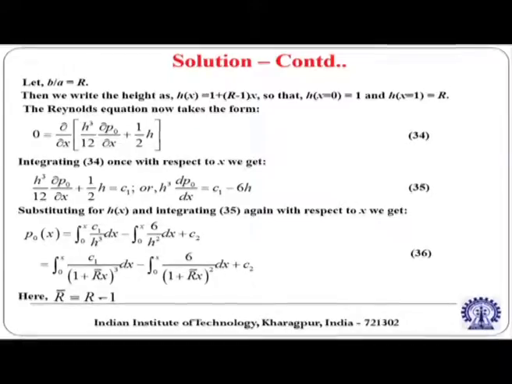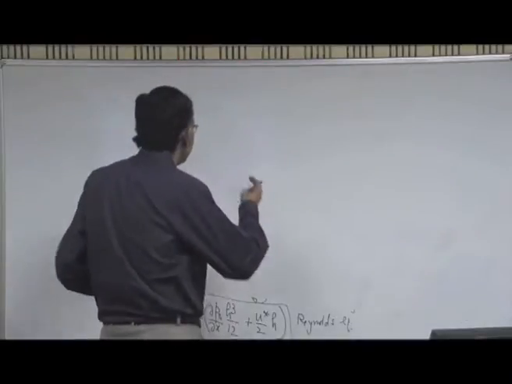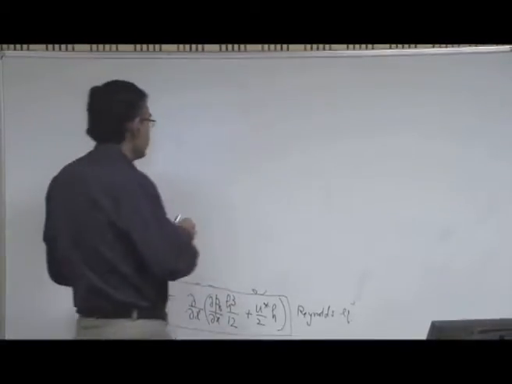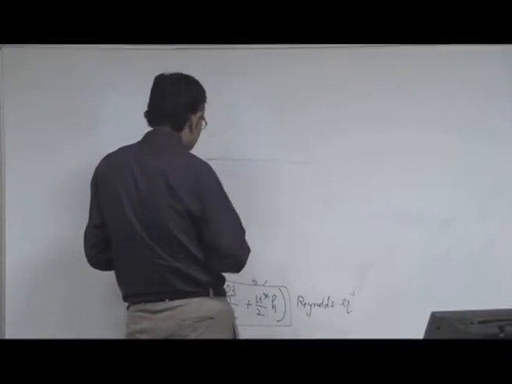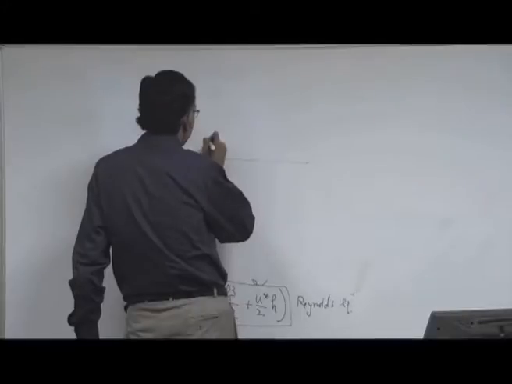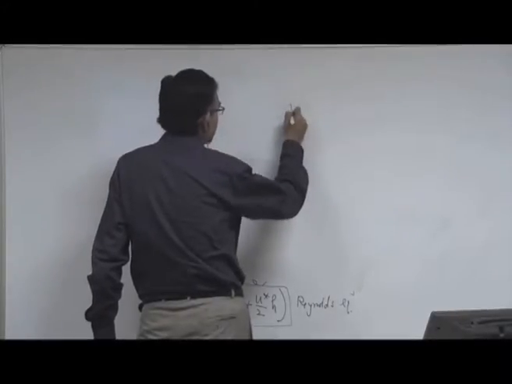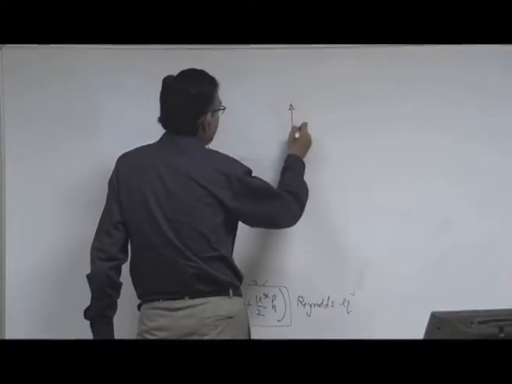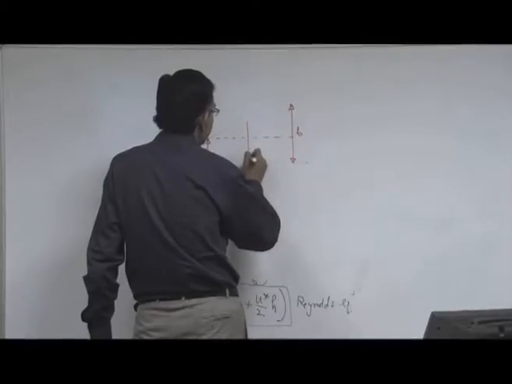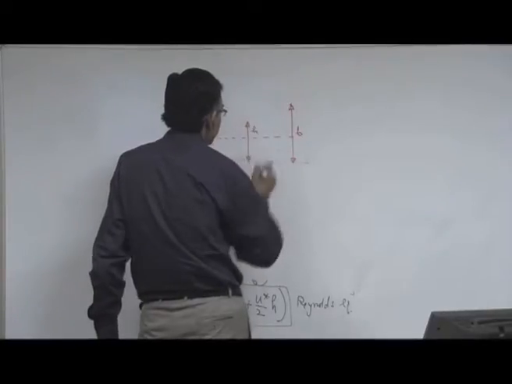Now, you can integrate this to get P 0 as a function of x once you substitute H as a function of x. So, how do you get H as a function of x? Let us quickly go to the board and see. So, this is A, this is B, let us say this is H at x.